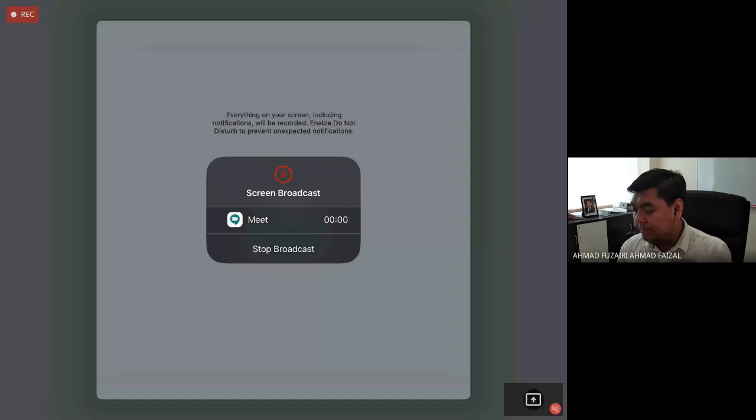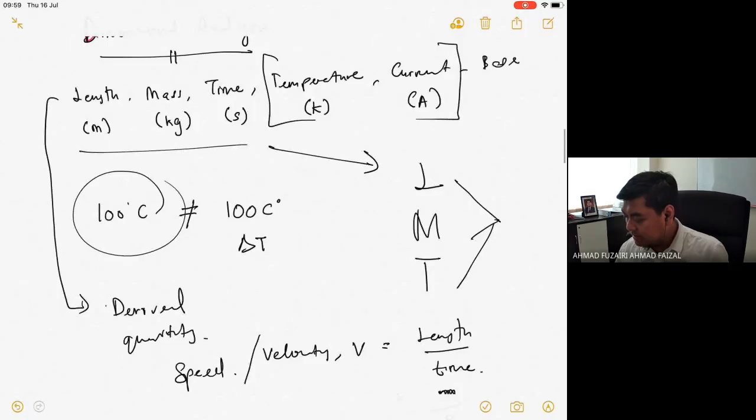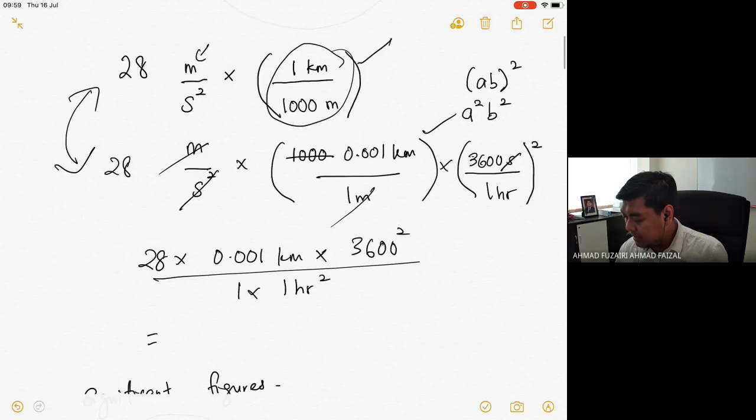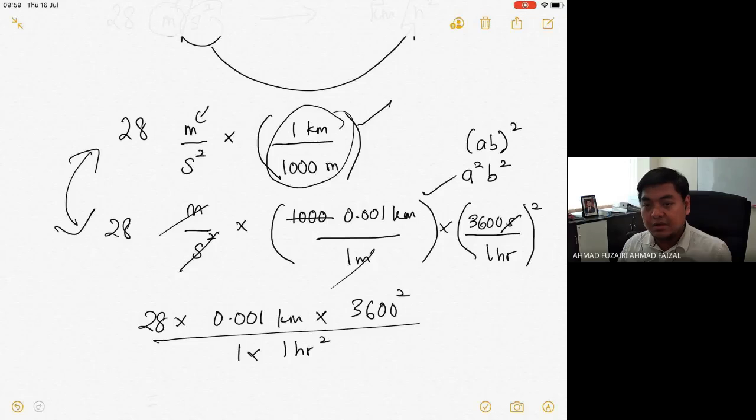Okay, let me put this one up, because it is actually based on this part. You see here, AB square, where you have two things inside a bracket, that is squared, so you must square everything inside the bracket.